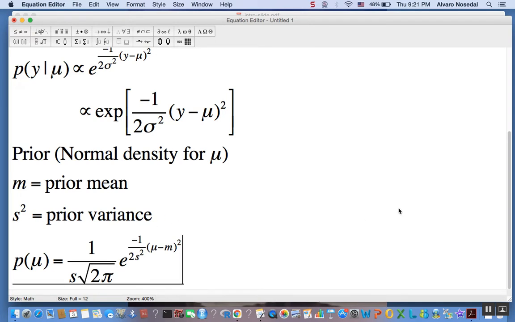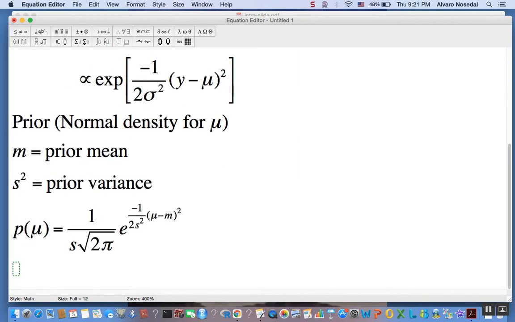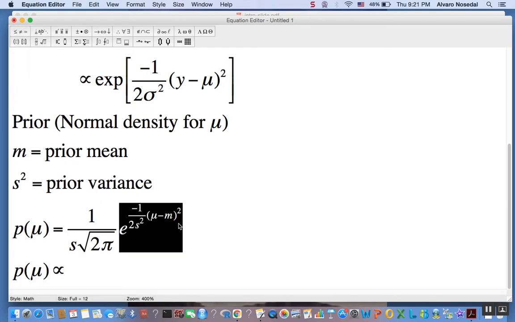Okay, and again, if we absorb the normalizing constant, because it doesn't involve the parameter of interest, in this case mu, we could write down the prior using the proportionality symbol like this, just this part here.